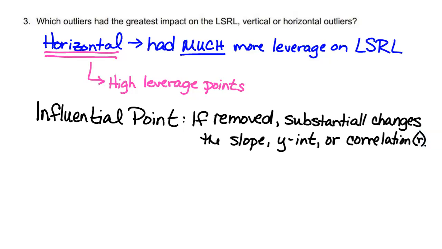So that is what an influential point is. If I remove it, it substantially changes the slope, the y-intercept, or the correlation.